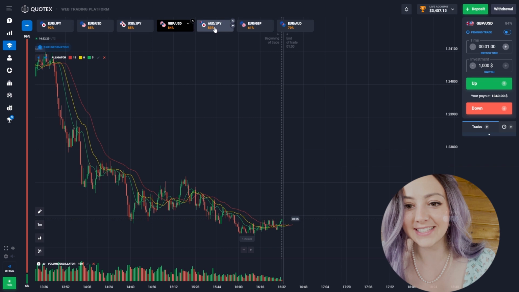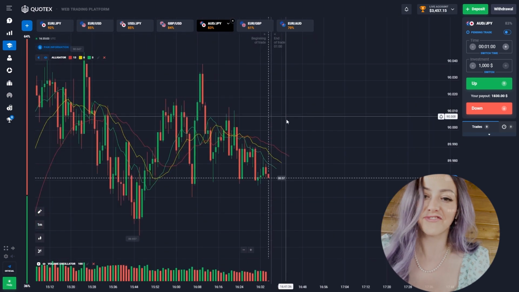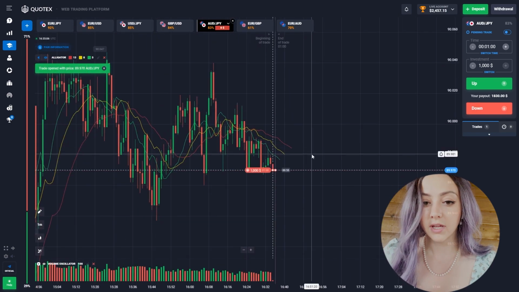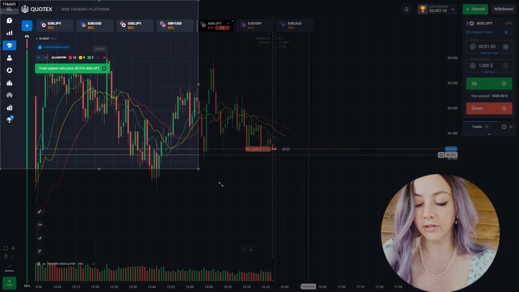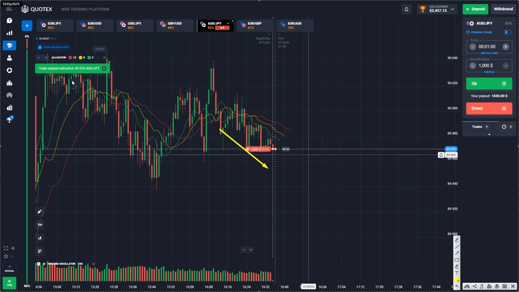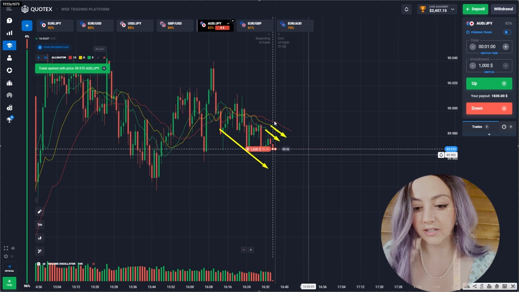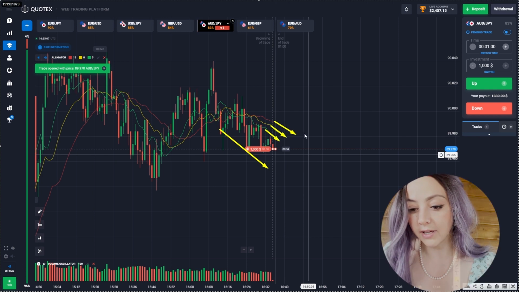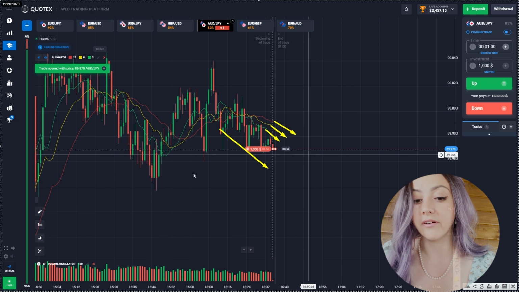Let's go to the next currency pair. The general trend is going down, and the alligator also confirms it, because we can see that the tails of the lines are looking down. The oscillator confirms it as well, because you can see even 3 red bars, which also means that the trend keeps going down.